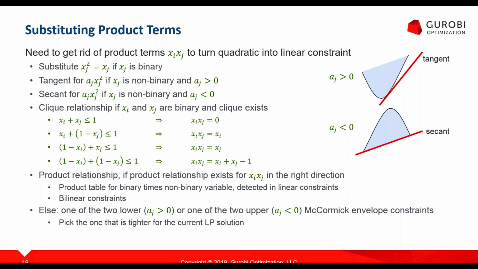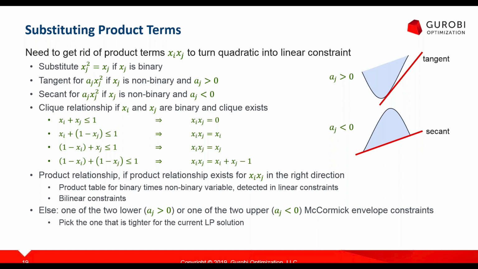Okay, and then there is this else case, as always, nothing applies. So we have to fall back to a regular McCormick relaxation here. If the coefficient is positive of our product term xi, xj, then we need to pick one of the two lower envelope constraints. If it's negative, then we need to pick one of the two upper envelope constraints.